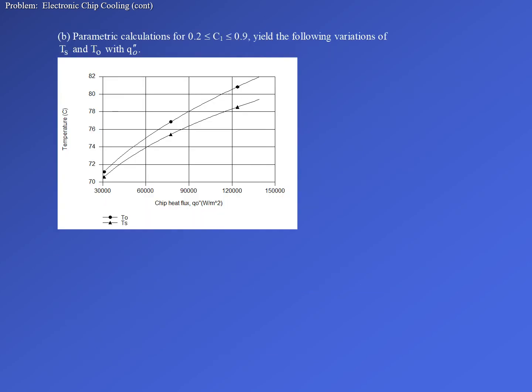Now what's been done here is actually typically what is done when we are designing, as heat transfer analysts. The temperature of the top surface, which is T surface, Ts, and the bottom surface of the silicon chip, which is T naught, are plotted as a function of your Q naught double prime.